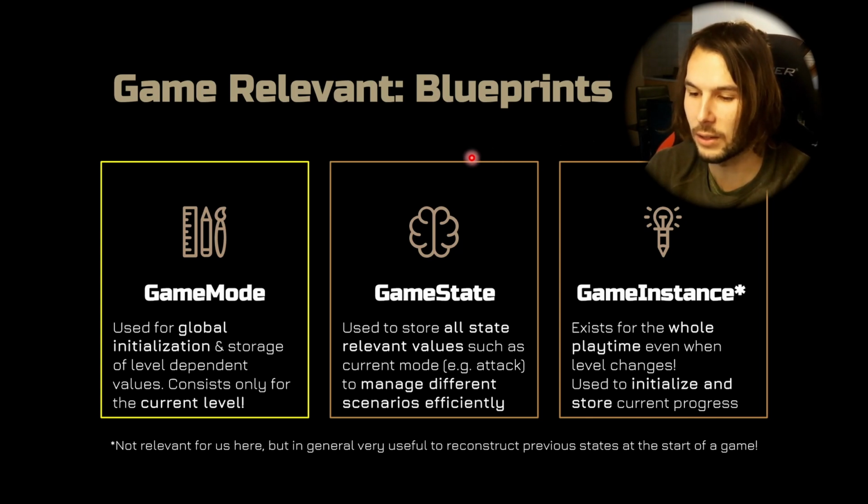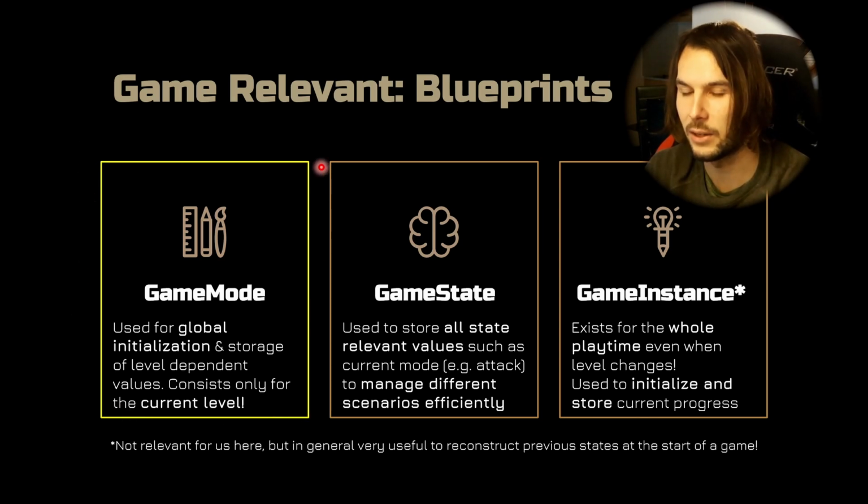I usually do that in this way, that I use the game mode to store my level dependent values. And when I want to change the level, I save all of those values, which I will need later, inside the game instance, then do the level switch, and then reinstantiate the previous game mode basically.